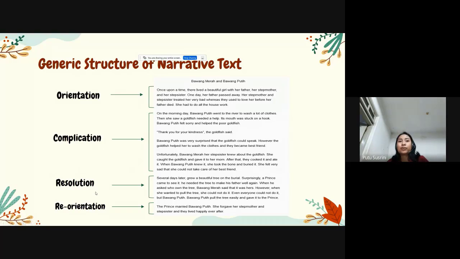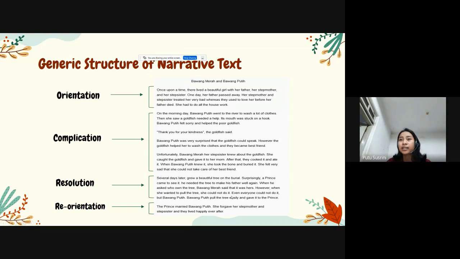And what about the resolution? The resolution here is where the problem of the story is resolved. So here you can see that after Bawang Merah ate the goldfish, it grew into a beautiful tree, and then the prince came to see it, and then met Bawang Putih.